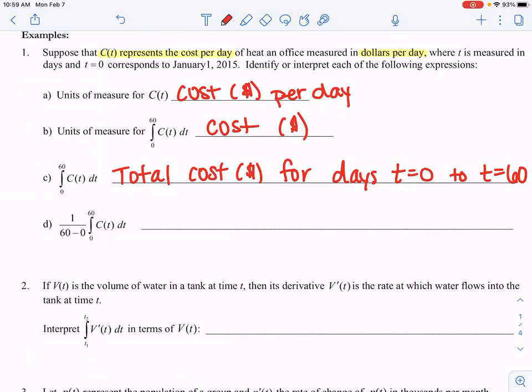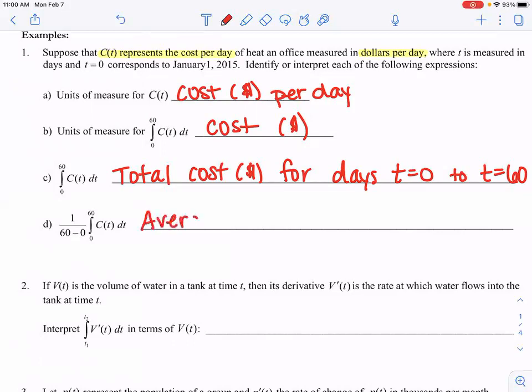For D, I have that same thing, but 1 over 60 minus 0. What does that look like? Average value. Average rate of change is just normal slope. Average value is 1 over b minus a times the integral. So if we take this and divide it by that 60, now we're talking about average value.